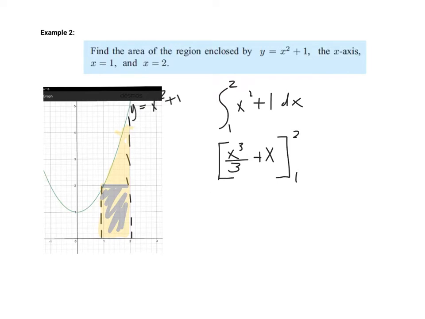So we end up with 2 cubed over 3 plus 2, minus 1 cubed over 3 plus 1.